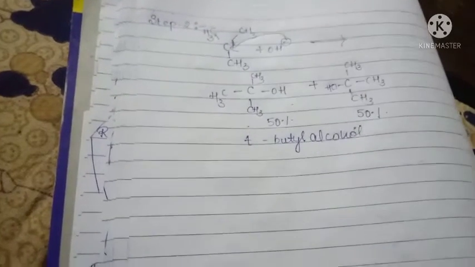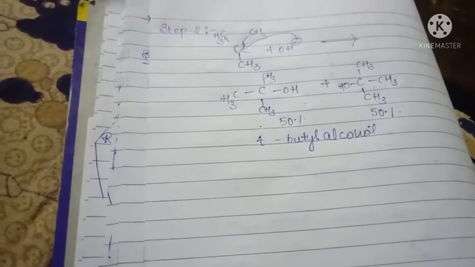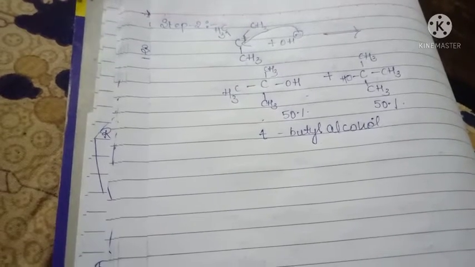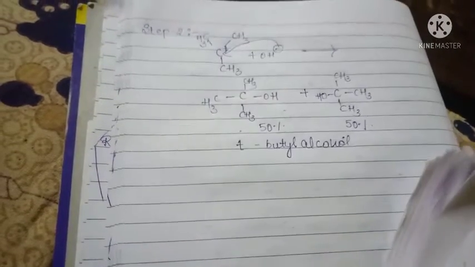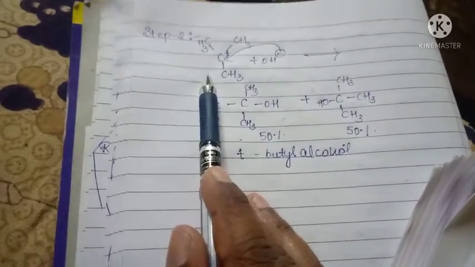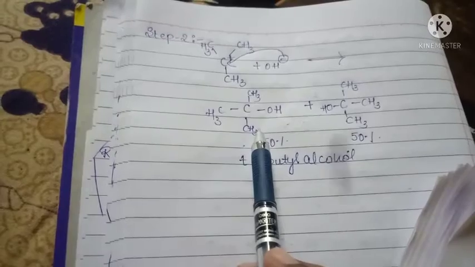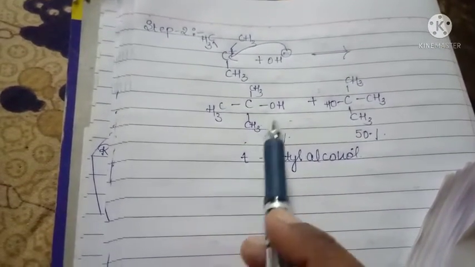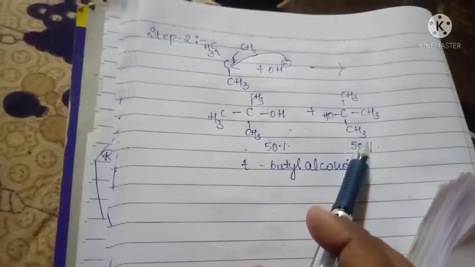This is all about the mechanism of SN1 reaction. Here we know that the nucleophile can attack the planar carbocation, and it forms isomeric mixtures. Both will form, 50% of one isomeric form and another 50%.